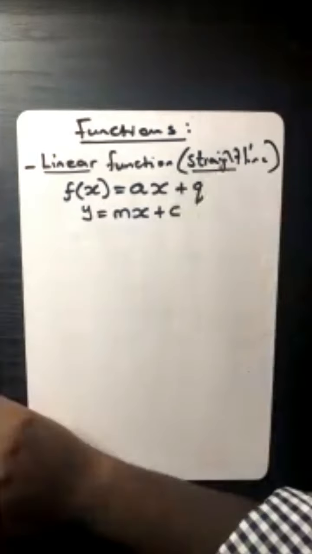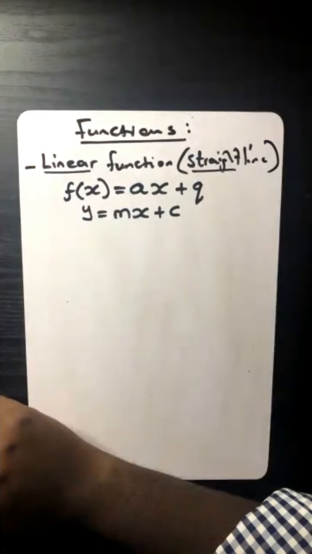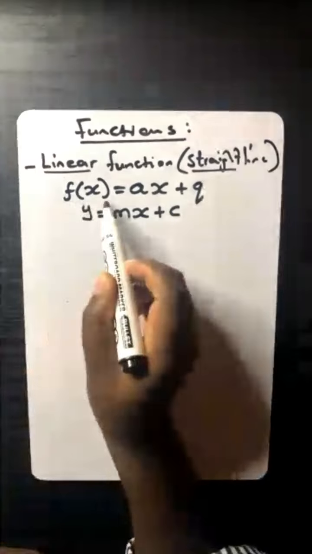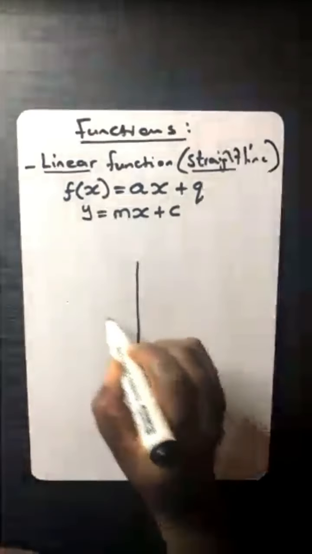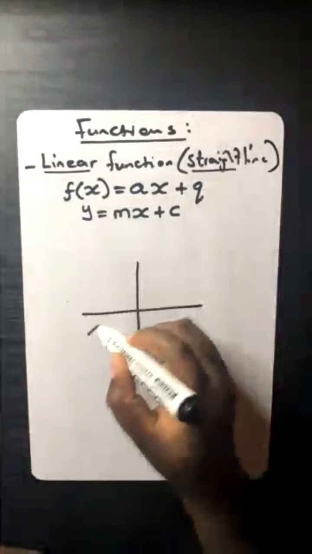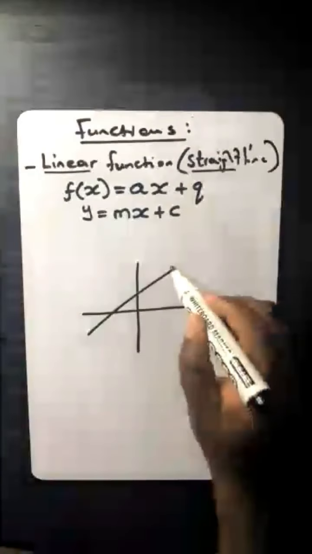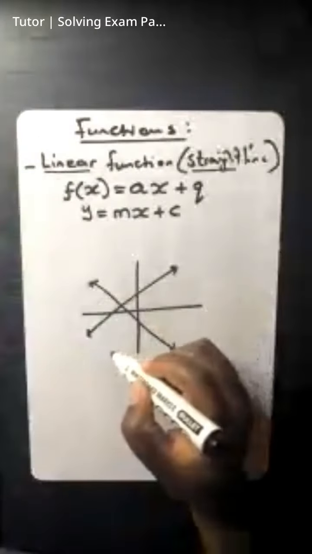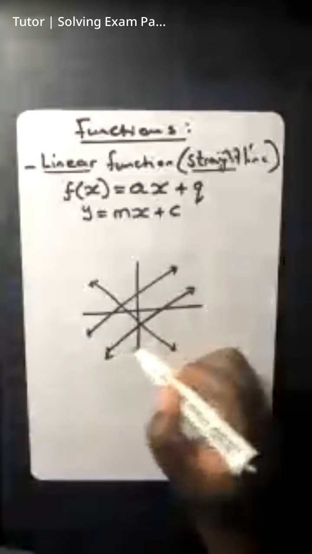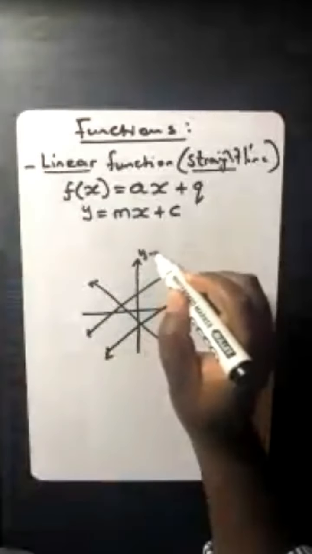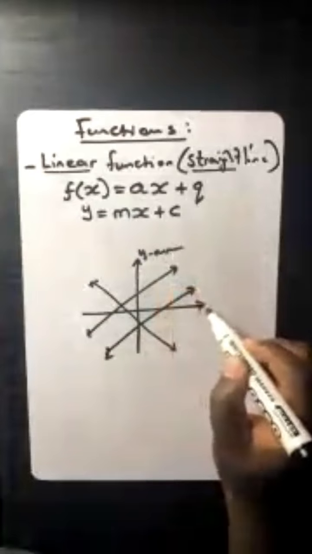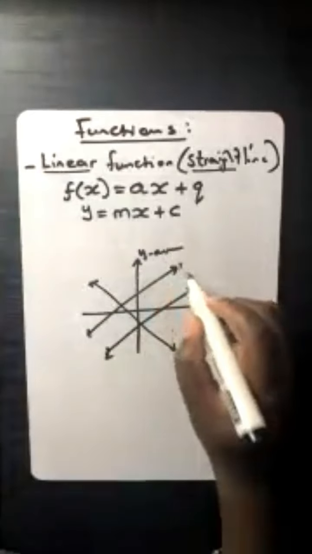What I wanted to explain is that the reason why they may say f of x is because on a Cartesian plane, you might have one straight line graph, another straight line graph, another straight line graph. So on this Cartesian plane of y axis and x axis, you've got three straight line graphs.